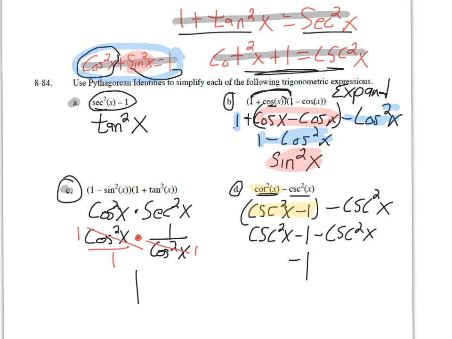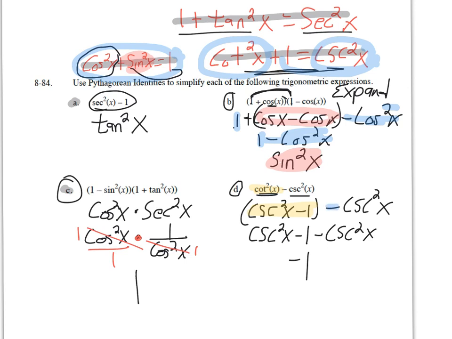In part D, I replaced cotangent squared of x with cosecant squared of x minus 1. Because if I subtract a 1 from both sides, my cotangent squared x equals cosecant squared x minus 1.